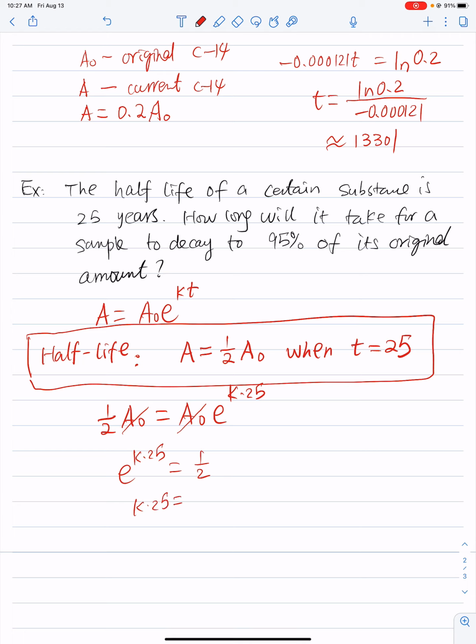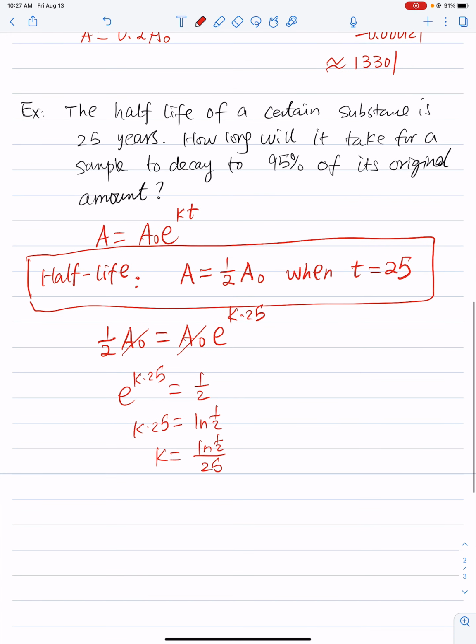A0 cancels. So e^(25k) equals 1/2, and k times 25 equals ln of a half. What will k be? k is ln of a half over 25. Then we know that A equals A0 e to the ln of a half over 25 times t.